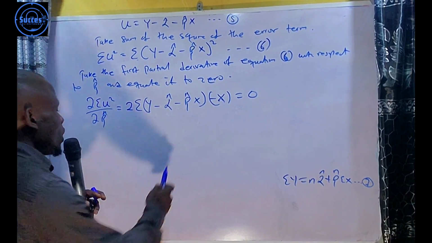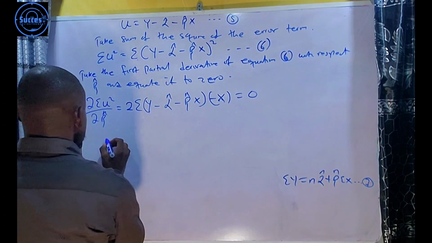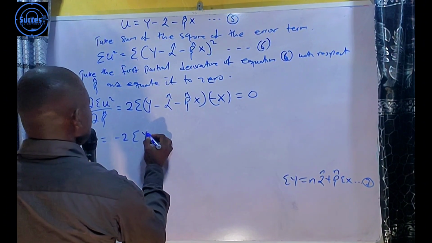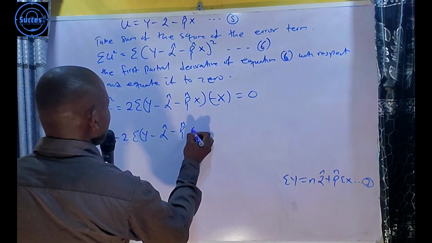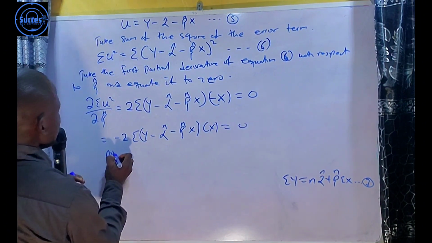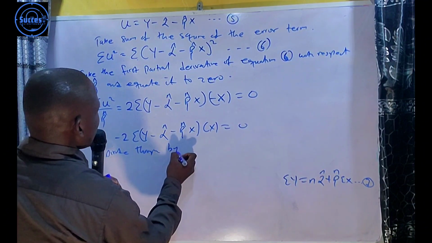So now from here, you can simplify this further. How do we do that? Take this minus out. Then you have minus 2 summation of y minus alpha cap minus beta cap x, times x, equals 0. So let's divide through by minus 2.